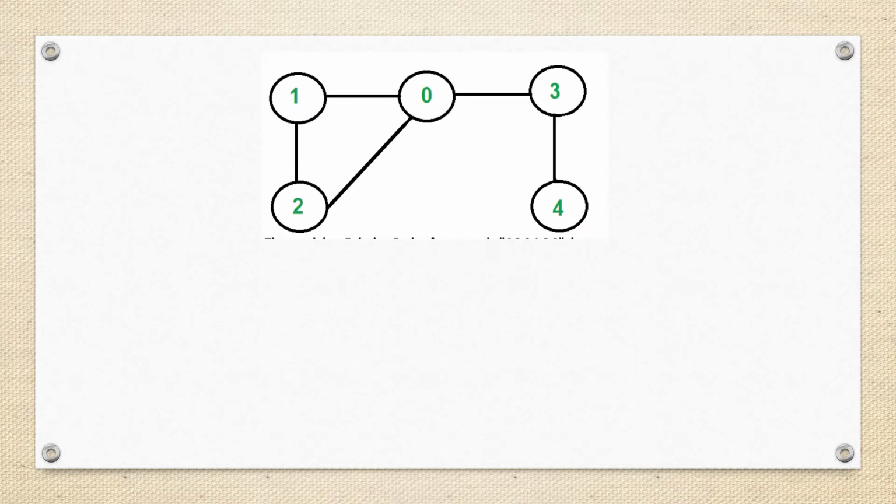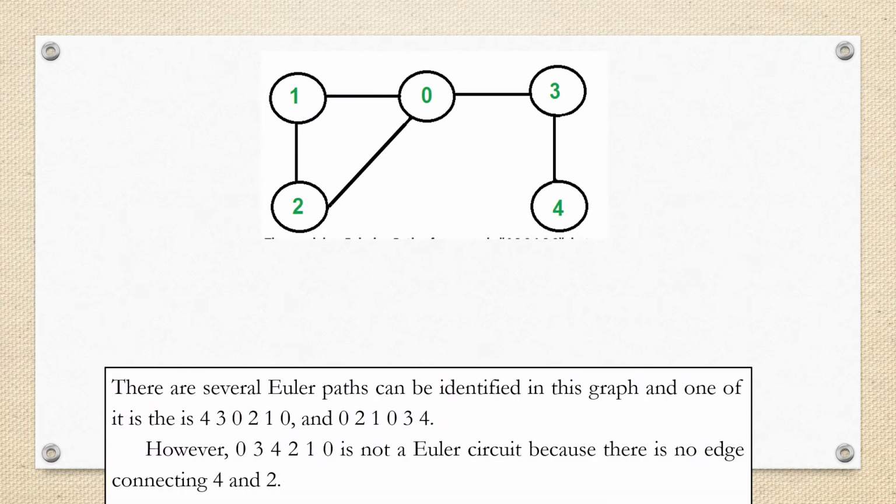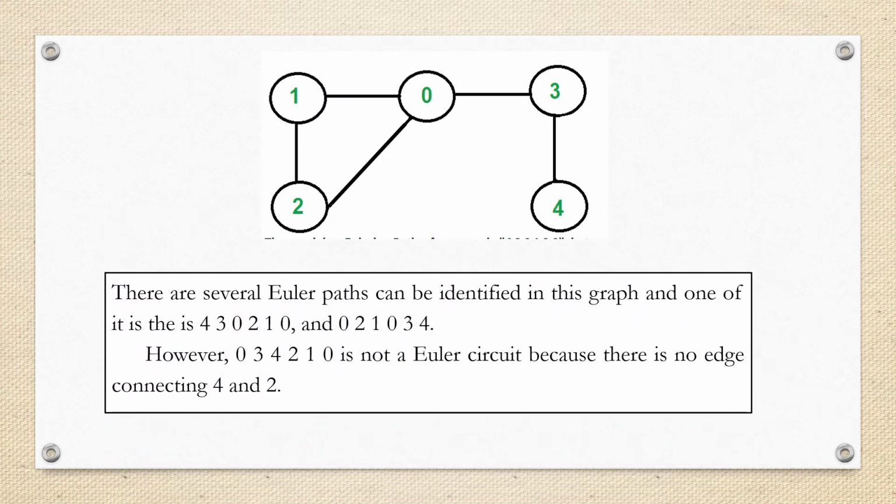So this is an example of a graph. We can identify several Euler paths here. Ibig sabihin, we will start at 4, so gagamitin natin lahat ng edges. 4 going to 3, so ginamit natin yung edge na ito. From 3 going to 0, nagamit na yung edge na yan. Then from 0 to 2, nagamit na yan.